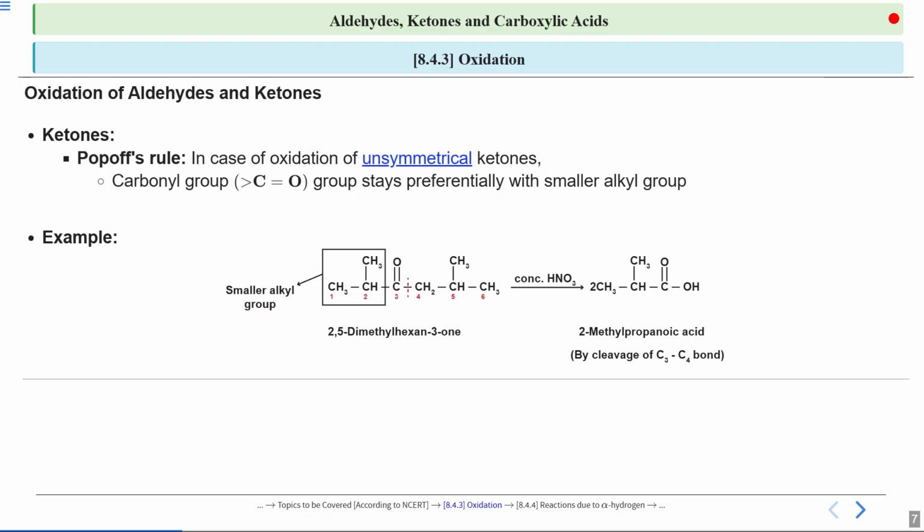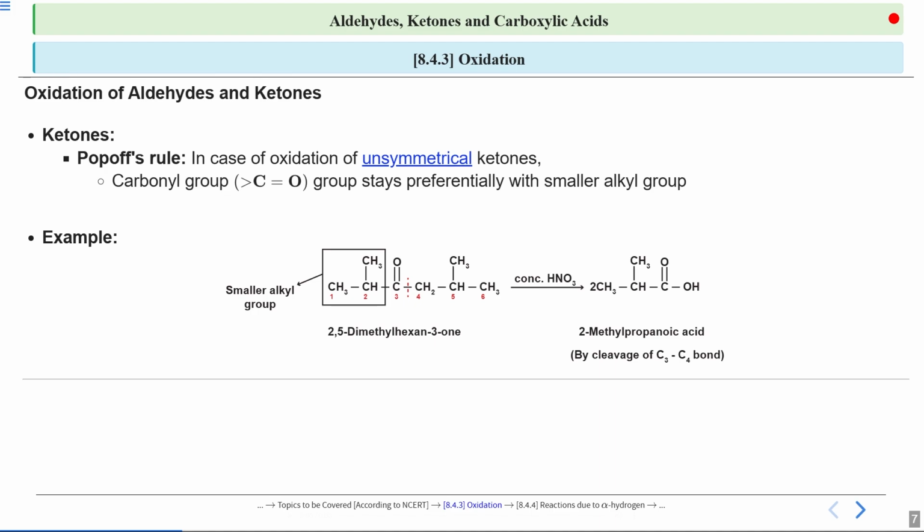When you do the oxidation, you will get 2-methylpropanoic acid. Here the C double bond OH will stay with this CH3, CH3, and this CH2 will be oxidized to a carboxylic acid, C double bond OH. So you will get 2 molecules of 2-methylpropanoic acid.